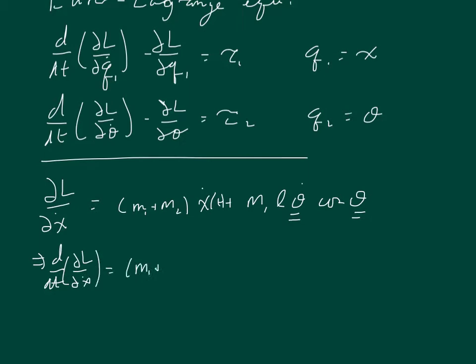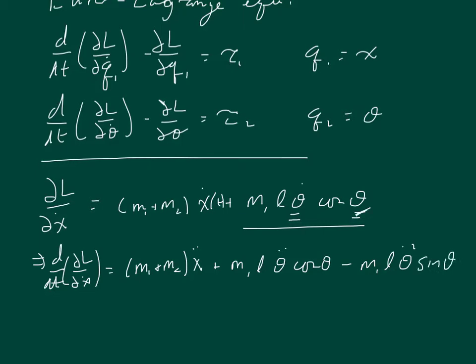We get (m1 plus m2) x double dot, plus m1 L theta double dot cosine of theta, and then minus m1 L theta dot squared sine theta, because theta here is being differentiated, and the derivative of cosine is negative sine, giving us the negative sign here.